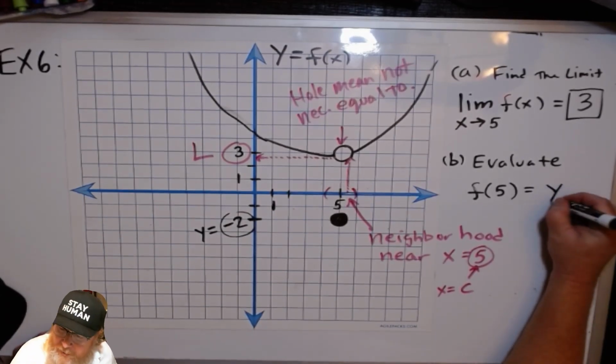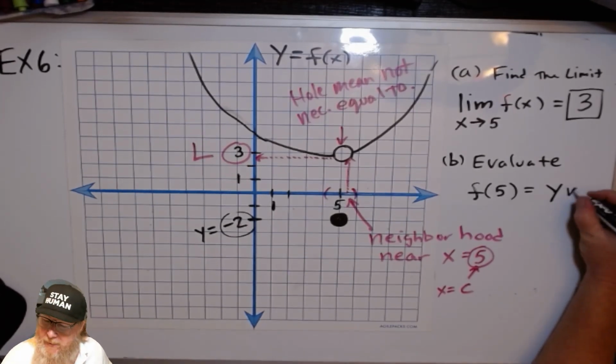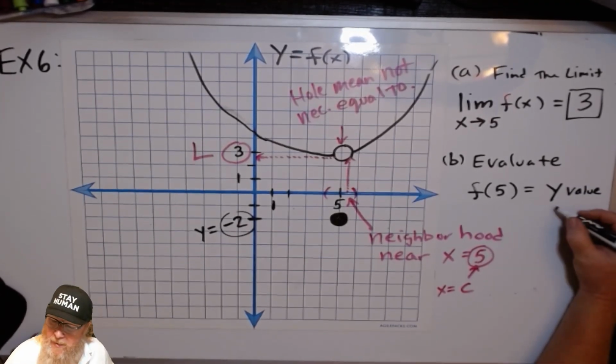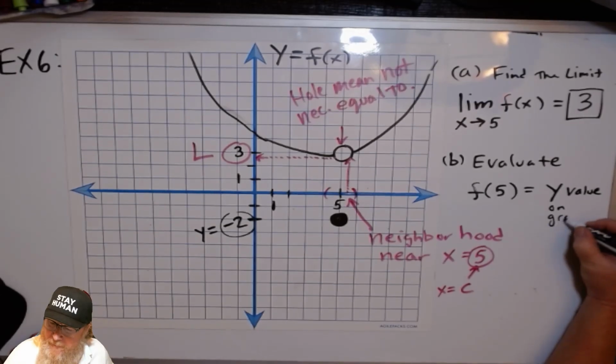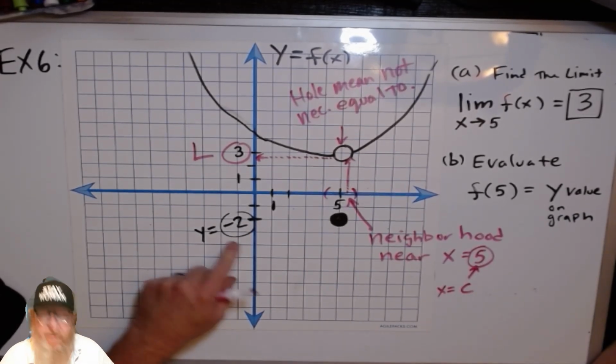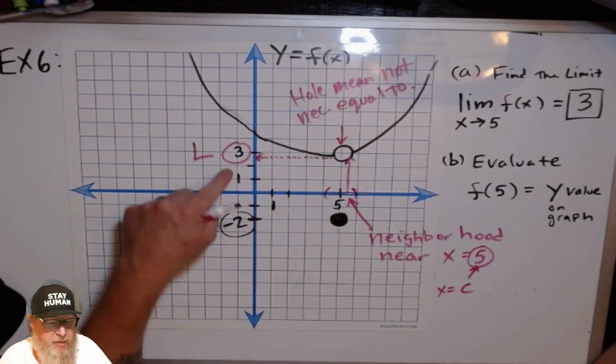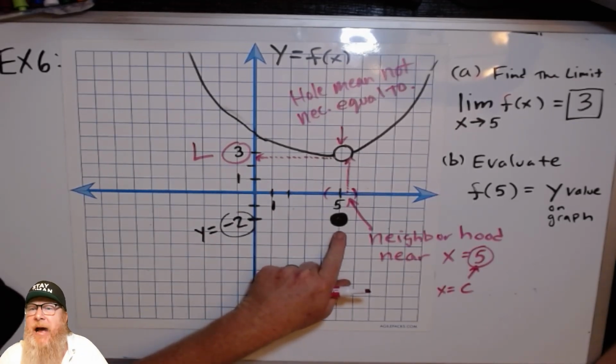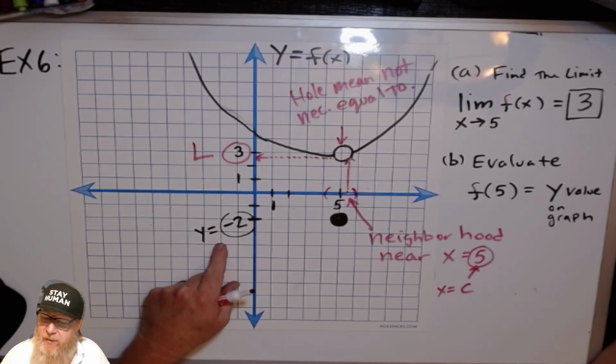So this is equal to the y value on the graph. The y value on the graph at 5 is not 3. The y value on the graph at 5 is negative 2.